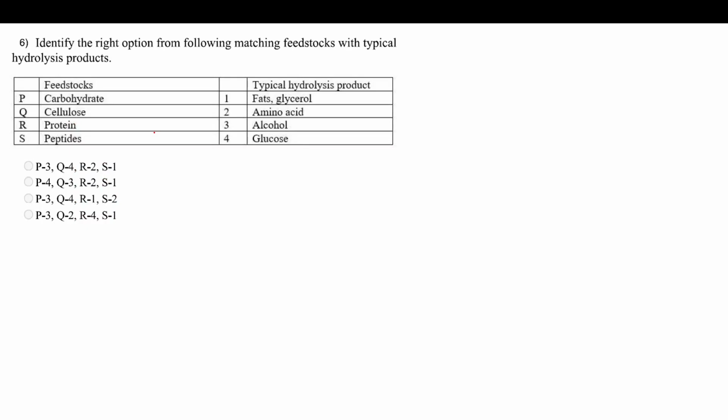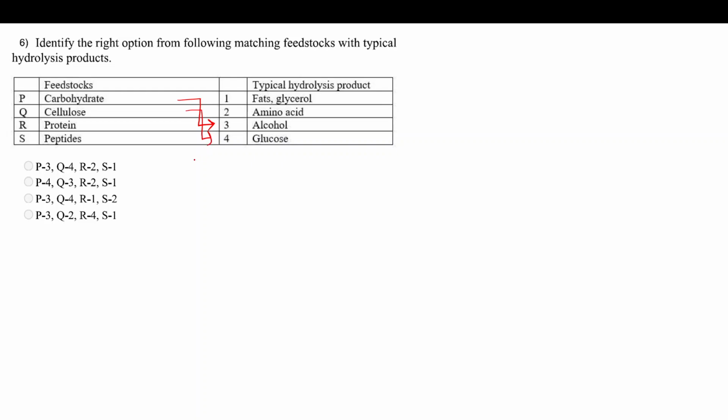Next is to identify the suitable match for the feedstocks with the typical hydrolysis product. Hydrolysis of carbohydrates results in alcohol. Then cellulose will give you glucose.